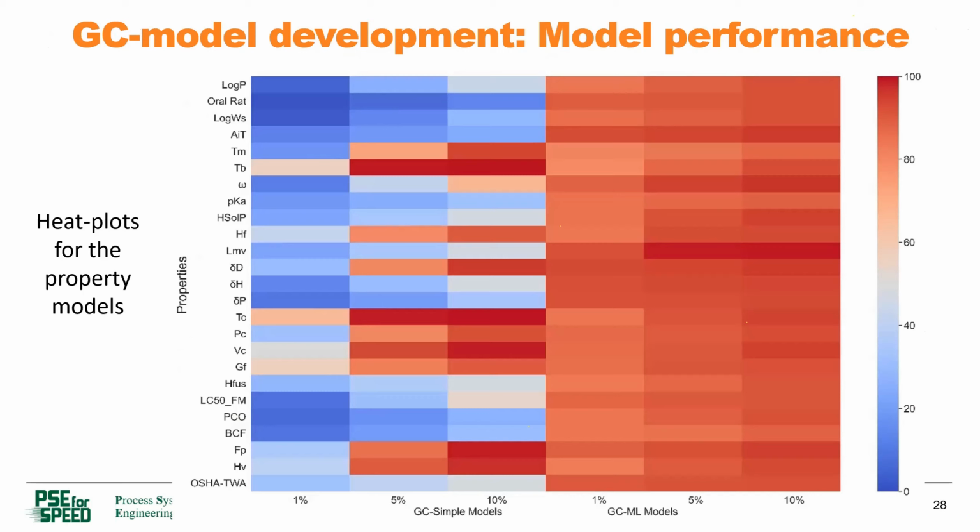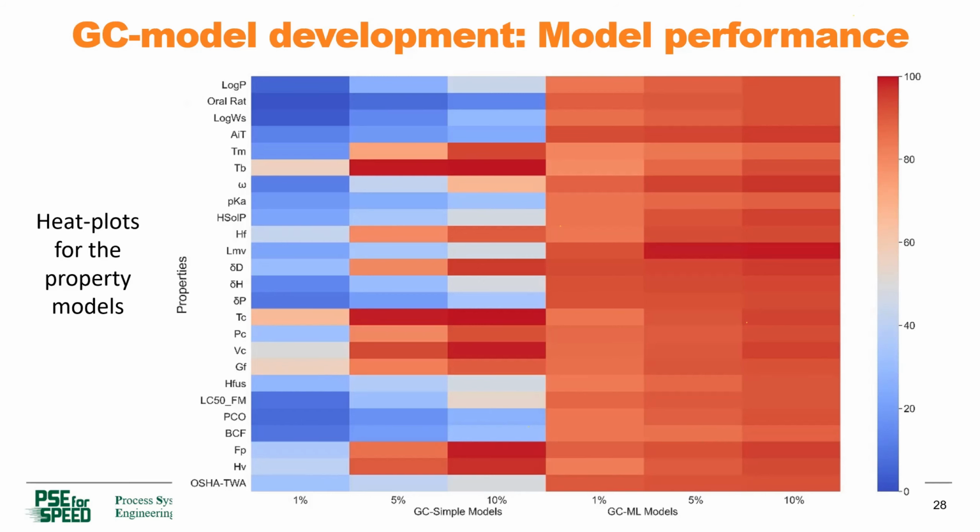If we look on the other hand at the GC simple model, we do not get that kind of performance for 1%, but for 5% and 10%, we still can. So simple group contribution methods are good for up to 10%, but if you need higher accuracy, one needs to go to machine learning.